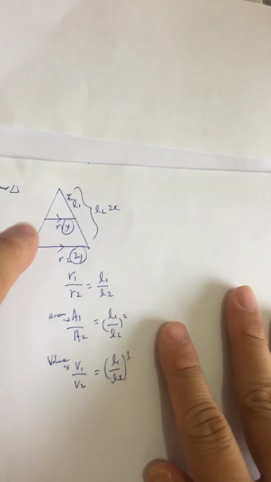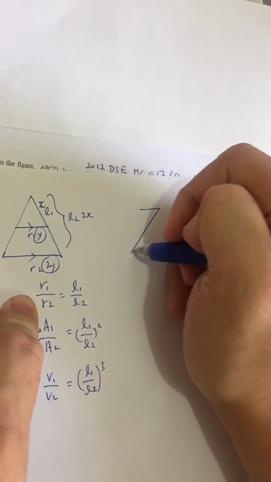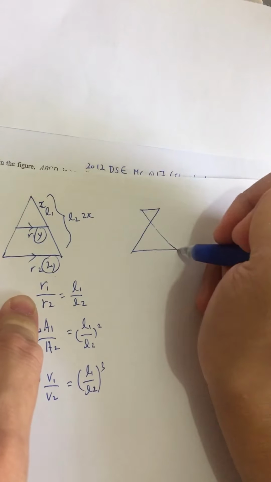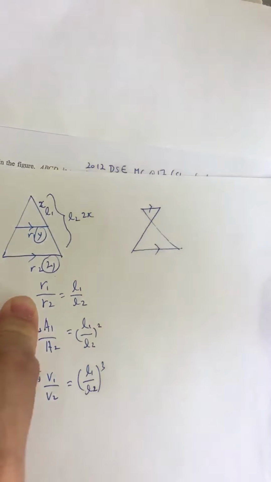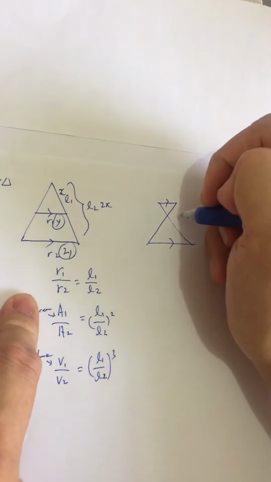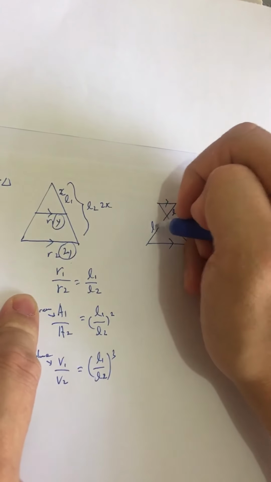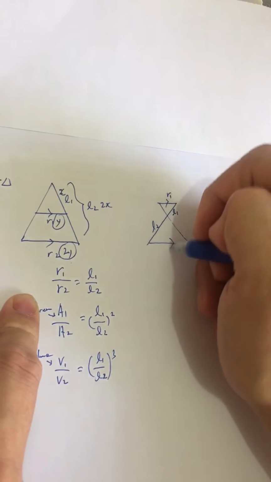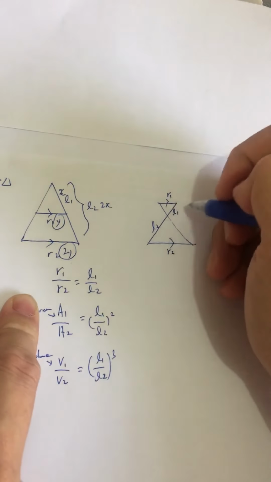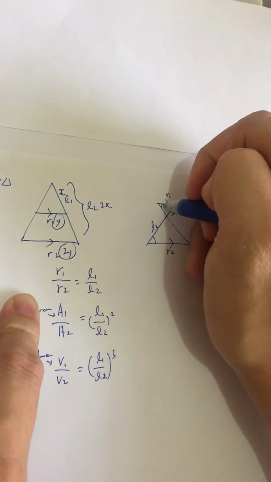There's another type of similar triangle we always need to deal with. It just looks like this. Okay, but this one will be a little bit different. That will be L1 over L2 for this direction, because when we are going to prove this similar triangle, we use alternate angles.